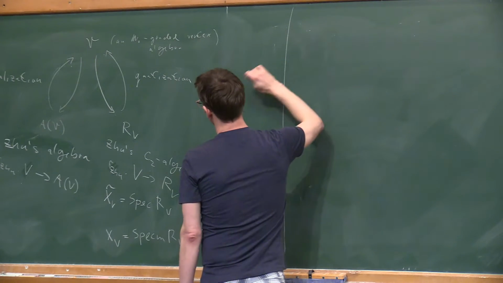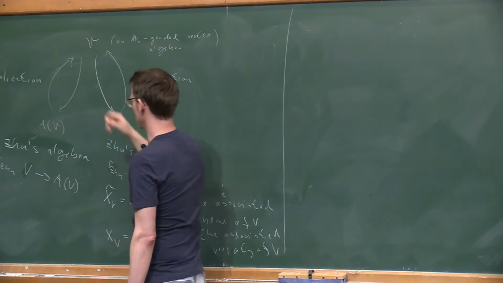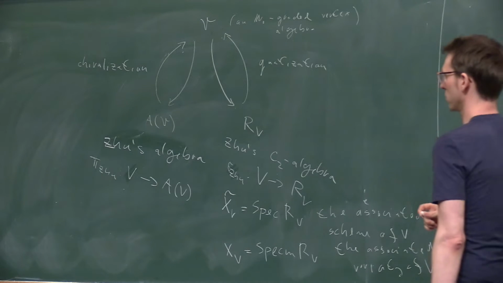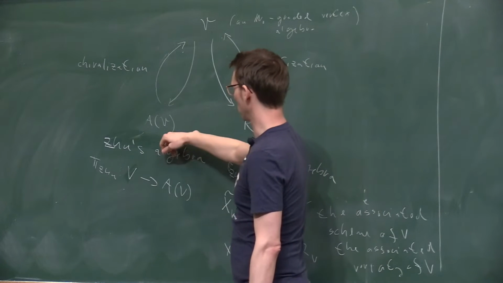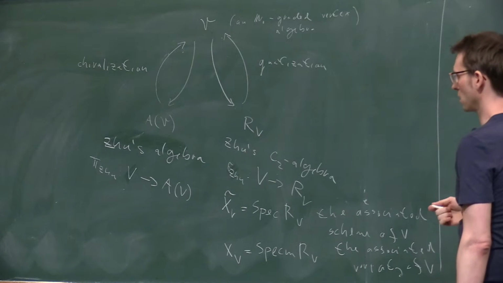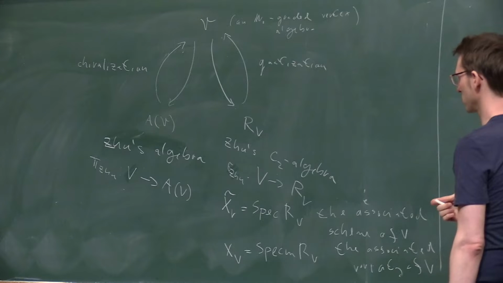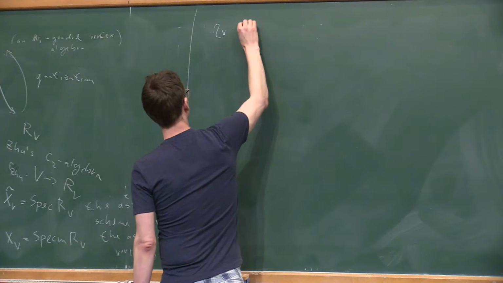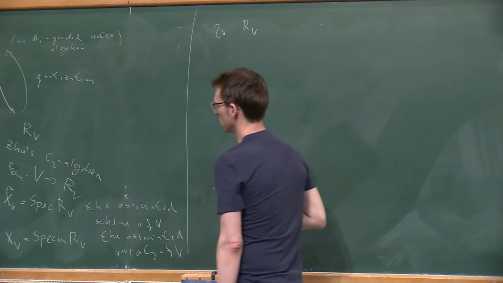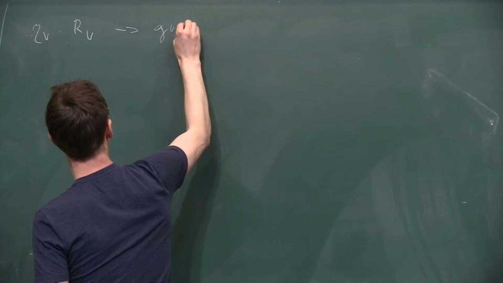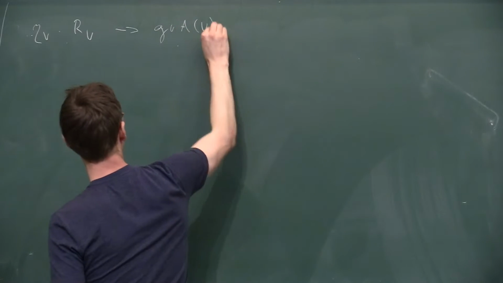If the original vertex algebra is positively graded, then it gives rise to a grading on Zhu's algebra. So you can take the graded algebra, which is again a Poisson algebra, and you get a mapping going from Zhu's C2 algebra to the graded version of Zhu's algebra.